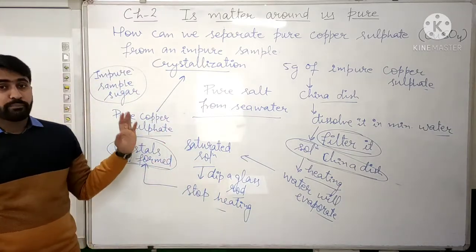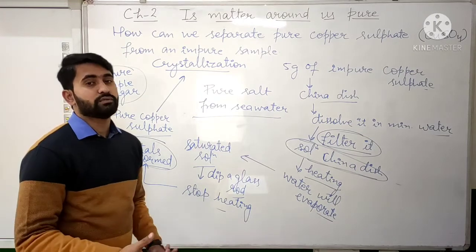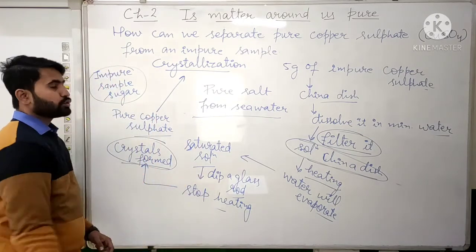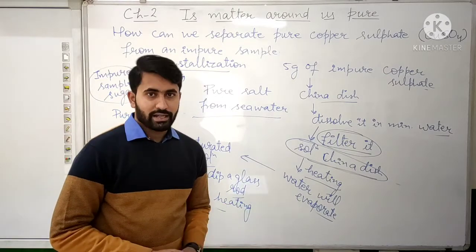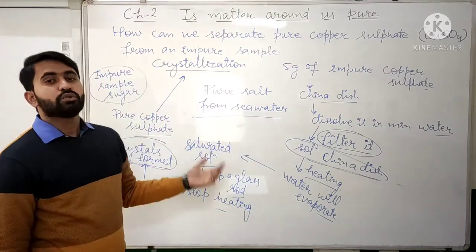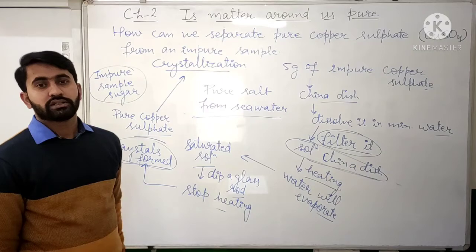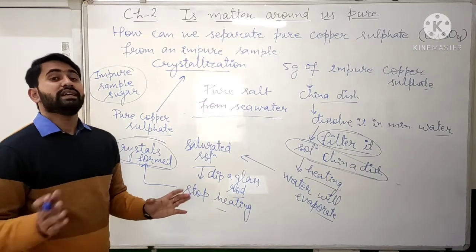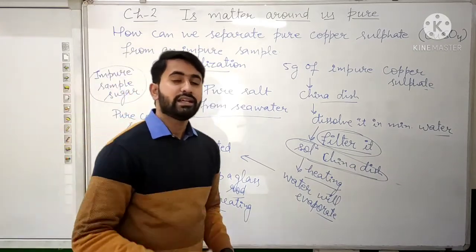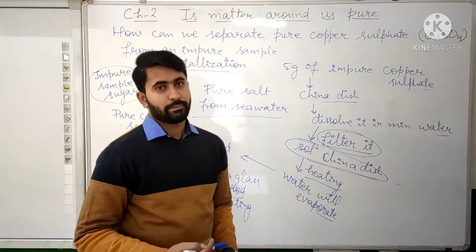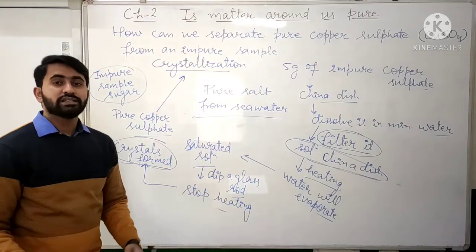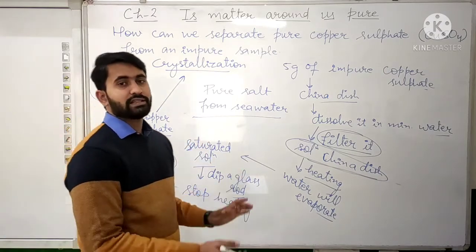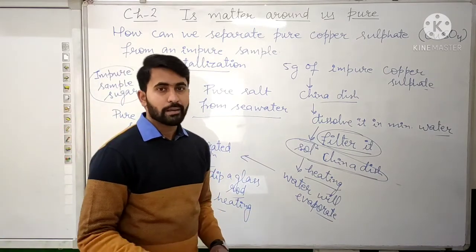And when we evaporate the water to obtain the sugar, to make it dry we have to heat it to a high temperature. Then the sugar may get decomposed. There are some solids which get decomposed when they are heated to a very high temperature. So this method of crystallization is best for obtaining solids from their impure sample.